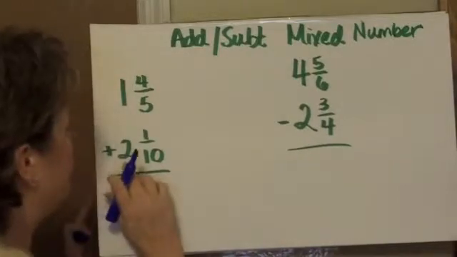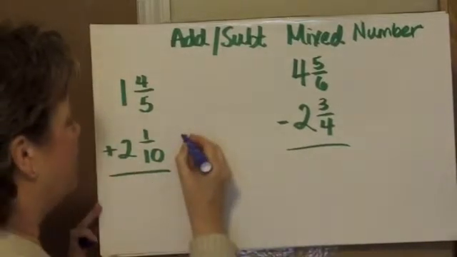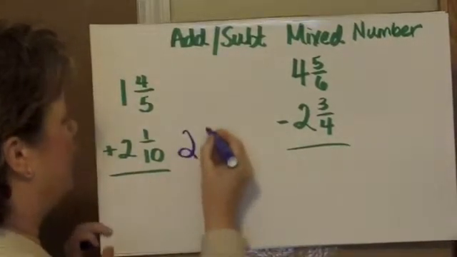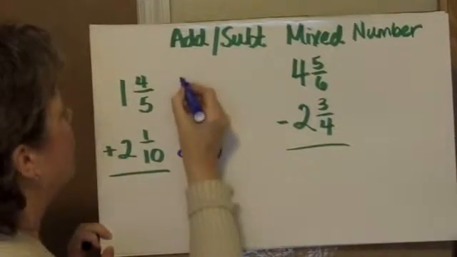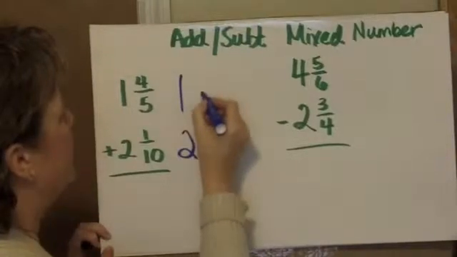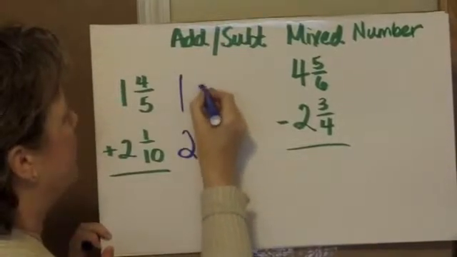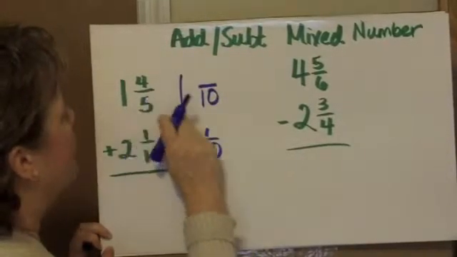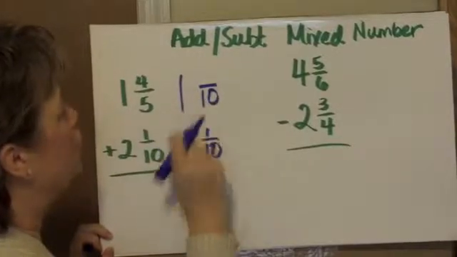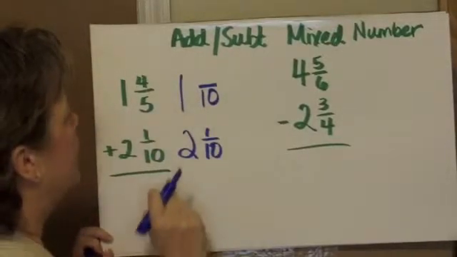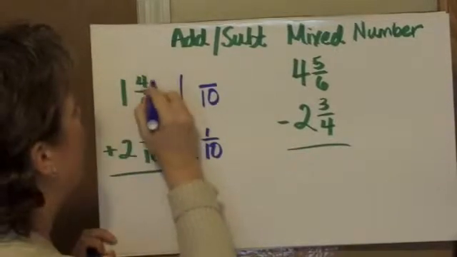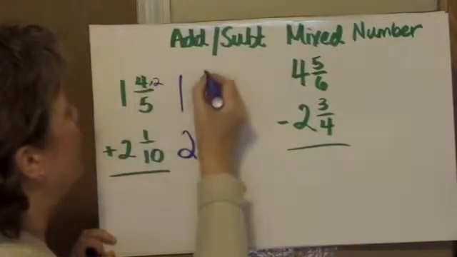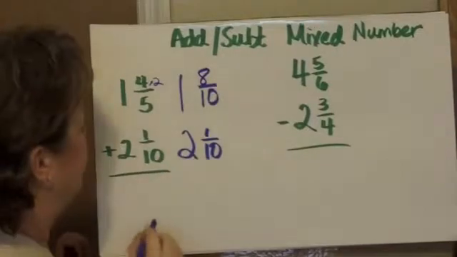So for 2 1/10, I don't have to change it. 2 1/10 is going to be the same. I'm going to change this to 1 and some kind of 10. So 5 times 2 gives me a 10th. So I have to do the same thing to the 4. 4 times 2, and that's 8 tenths.